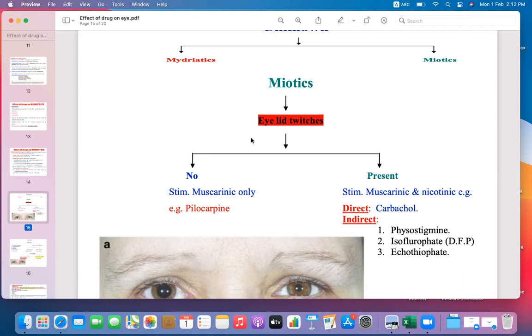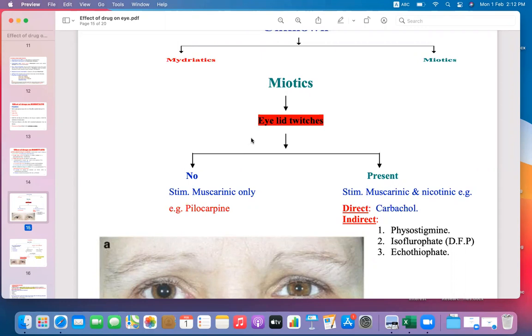Now, what was the procedure for this experiment? We studied on the rabbit eye. We will provide you a rabbit and unknown eye drops, maybe pilocarpine or maybe carbachol, and we will ask you to instill the drop into the rabbit eye and identify whether it is pilocarpine or carbachol.